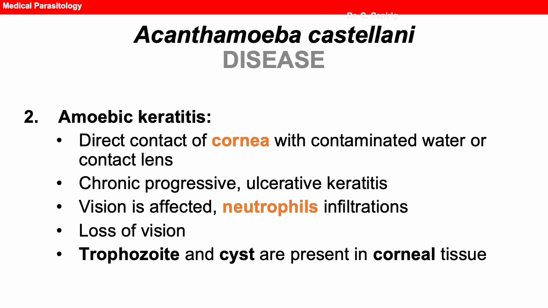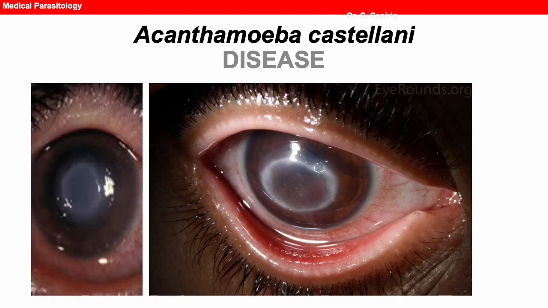Trophozoites and cysts are present in the corneal tissue in this infection. So you see here the deposition of neutrophils and the parasites in the cornea. Please take note that the infection happens in the cornea, not in the conjunctiva, not in the iris, not in the retina. So it is found in the cornea.